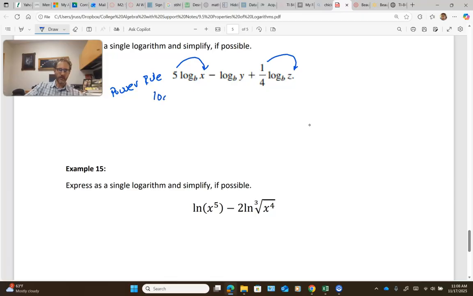Alright, so this will become log base b of x to the 5th minus, and I'll leave that second one alone, log base b of y plus, and then I'll move that 1/4, log base b of z to the 1/4 power.